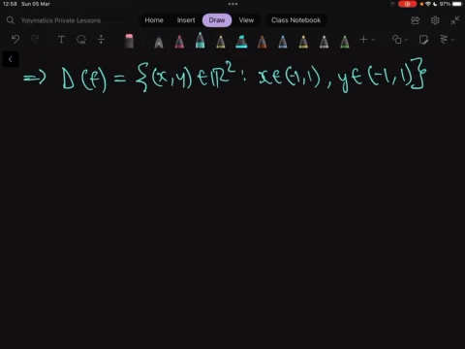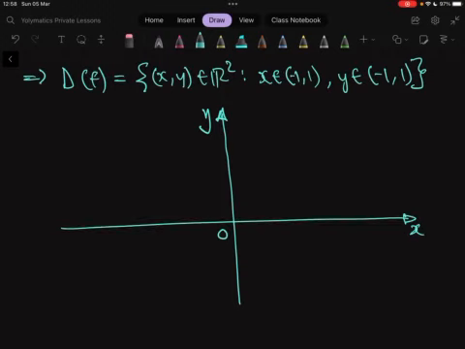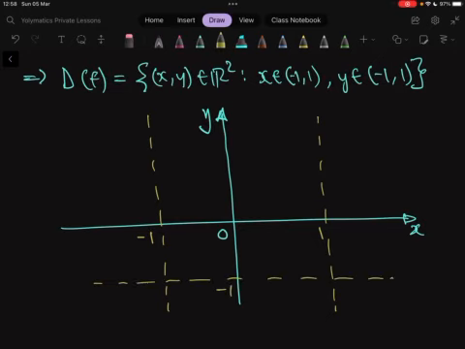To sketch this, this is how we proceed. We have y, x, then 0. In the x direction, we only take minus 1 to 1, so this is this region. In the y direction again, we take minus 1 to 1, so this is this region.